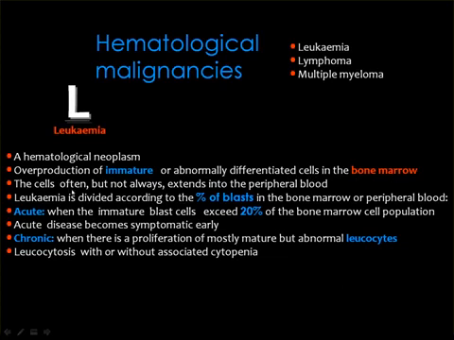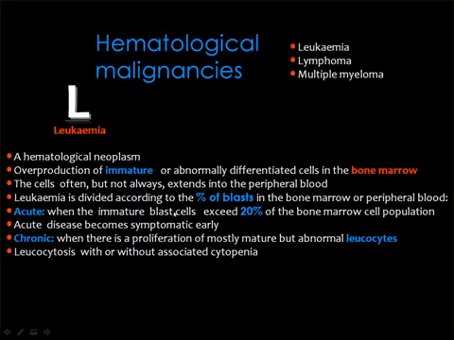The cells often, but not always, extend into the peripheral blood, meaning that the immature or abnormally differentiated cells are present in the axial skeleton, and they may go to the peripheral blood, often but not frequently. Diagnosis needs a central bone marrow sample, like from the sternum, for example, in order to reach an accurate diagnosis.